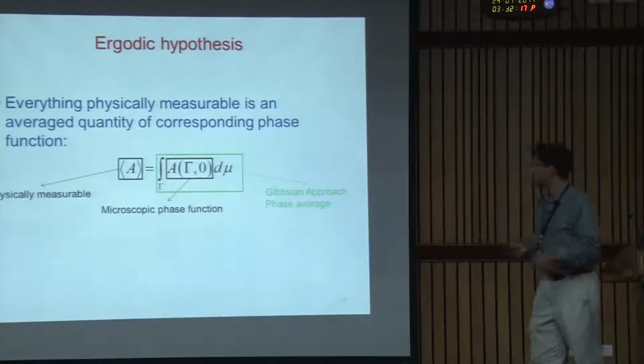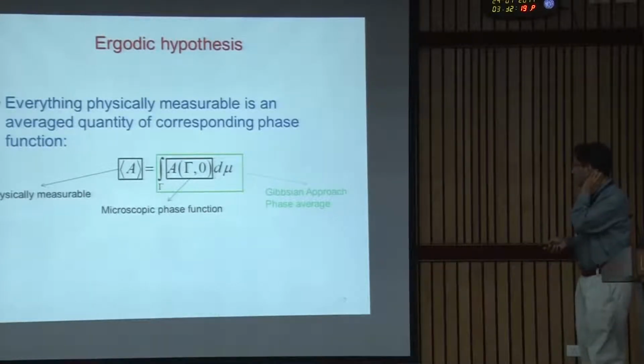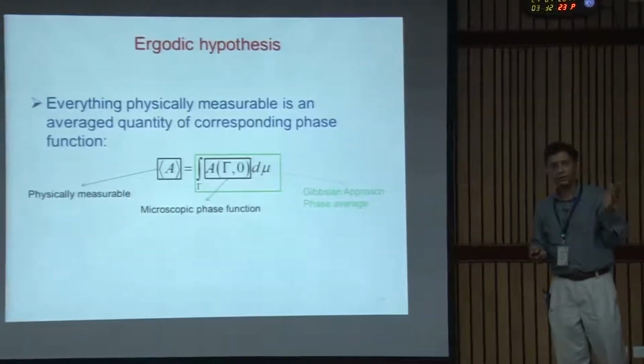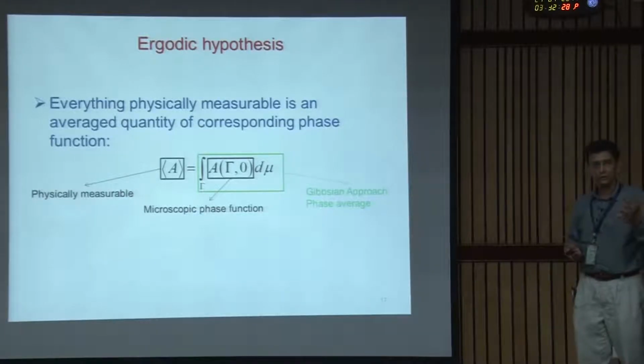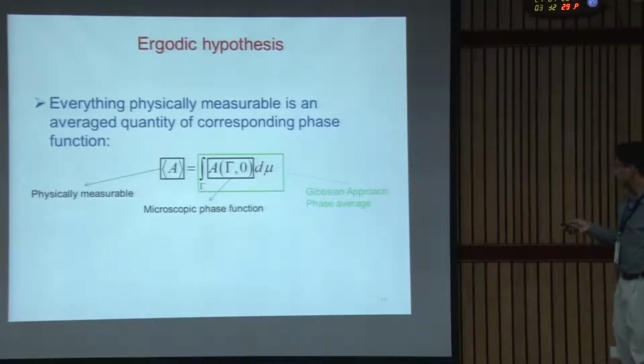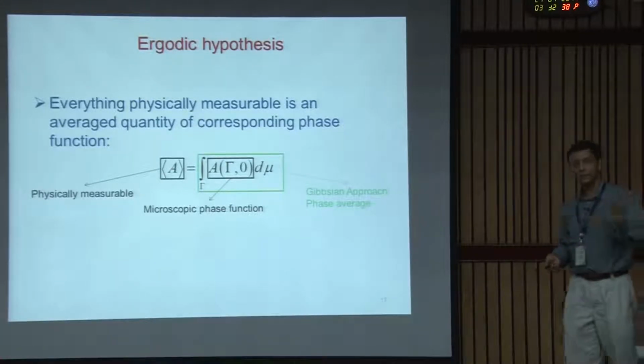So, this is ergodicity. Whether we are measuring temperature or density or anything else, we are basically taking a space and time average of that quantity. In molecular dynamics or in statistical mechanics, the question is whether this is the average over many replicas of the system.